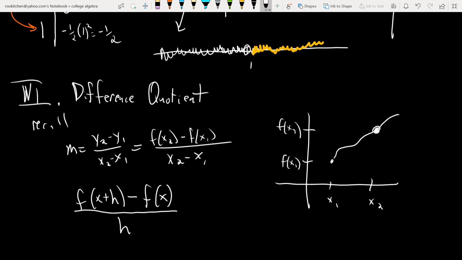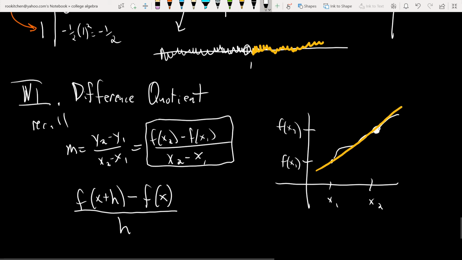This slope formula right here basically finds you the slope of the line going from f of x1 to f of x2, okay? Regardless of what the function is. The function could be even worse. It could be something like this. But this difference quotient will tell you the slope of the line going from x1 to x2. Okay, that yellow line is kind of the slope.